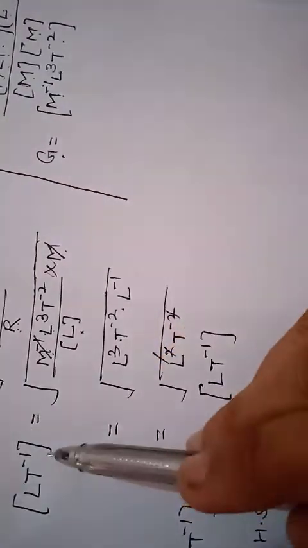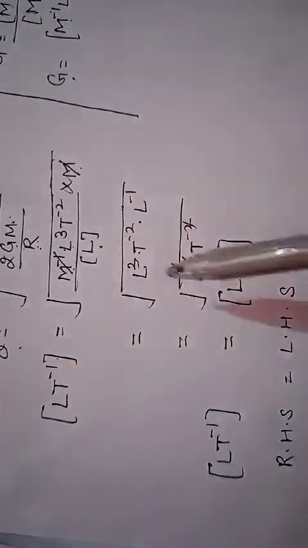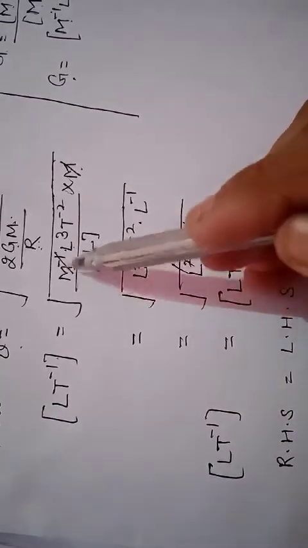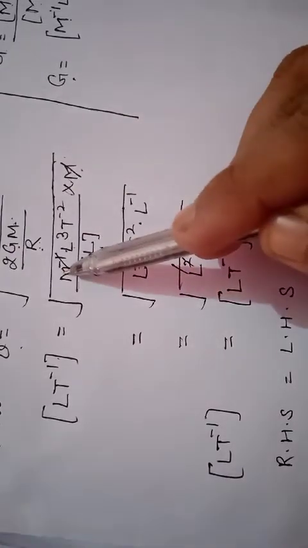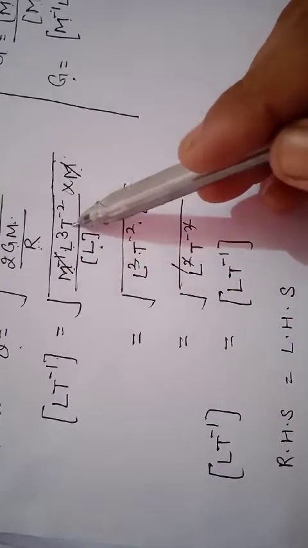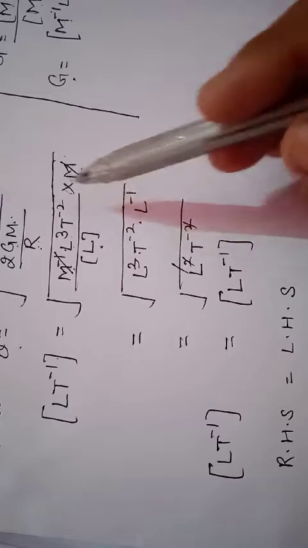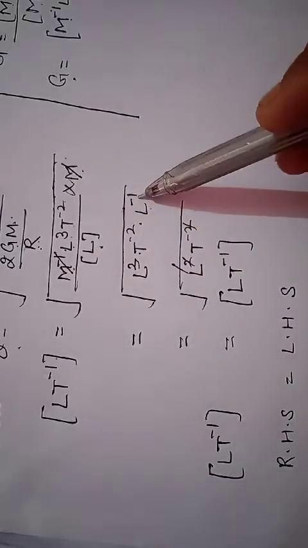The dimensions of velocity are LT minus 1. Here we can solve this. M with M cancels, M minus 1 times M raised to power 1. We get L cube T minus 2, and the L on the lower side becomes L minus 1.